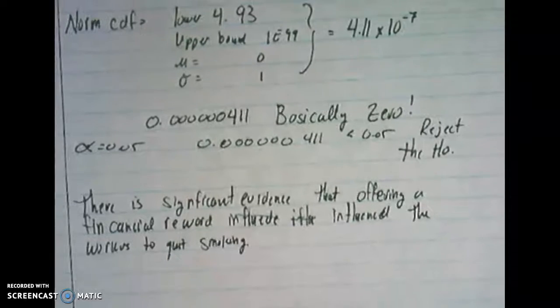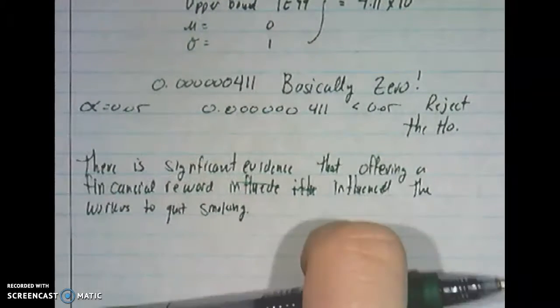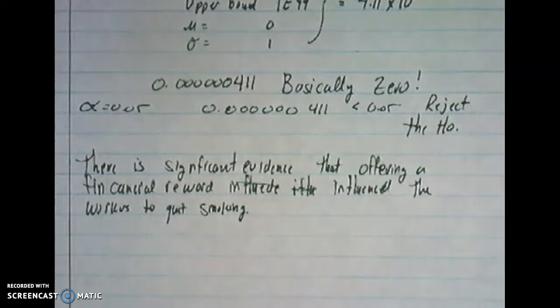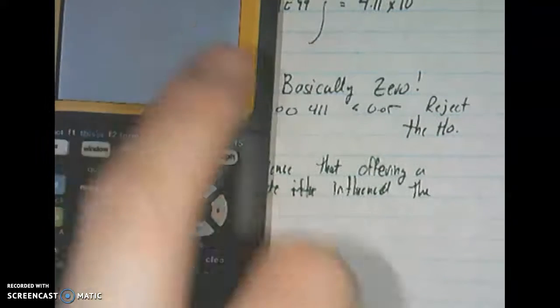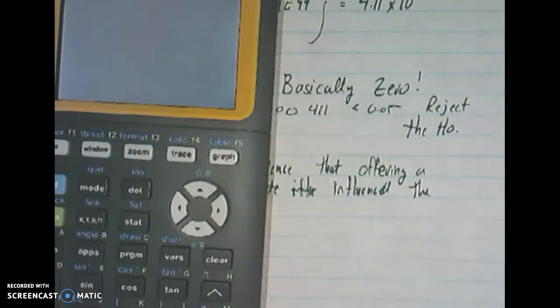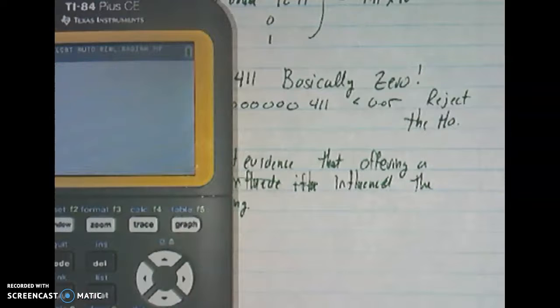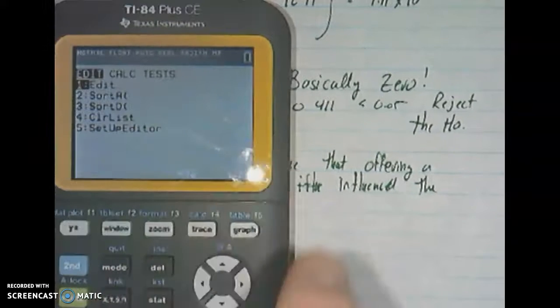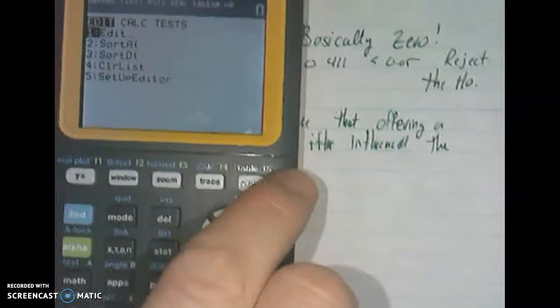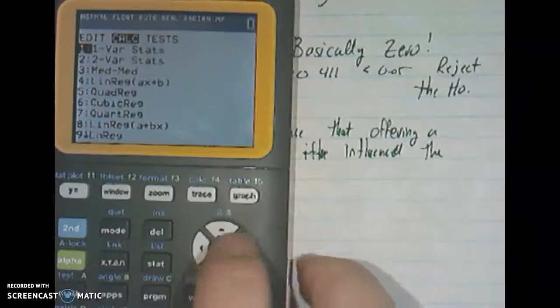Okay, so I'm going to pause it real quick and then set my calculator up to show you how I can do it just using my calculator. Okay, so I got my calculator. I had to go dig it out and find it real quick. What we're going to do is we're going to hit our stat. We're going to bring up the test, okay, and then we're going to move over to tests.